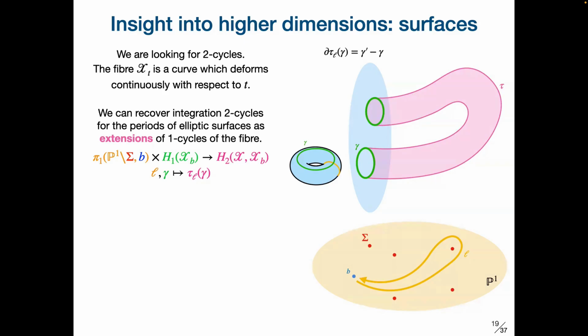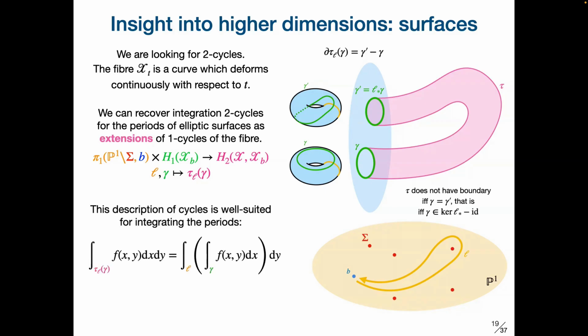It's going to cut out this sort of pink tube that you can see. The cycle that you land at may not be the one you started with, because precisely you acquire some monodromy. But if it does match, then you can close up this tube and you obtain a proper two cycle of your variety.